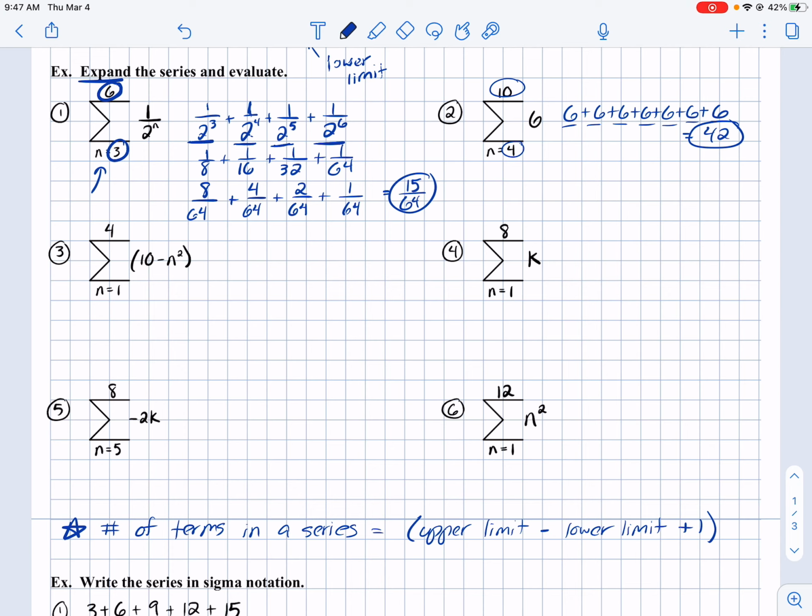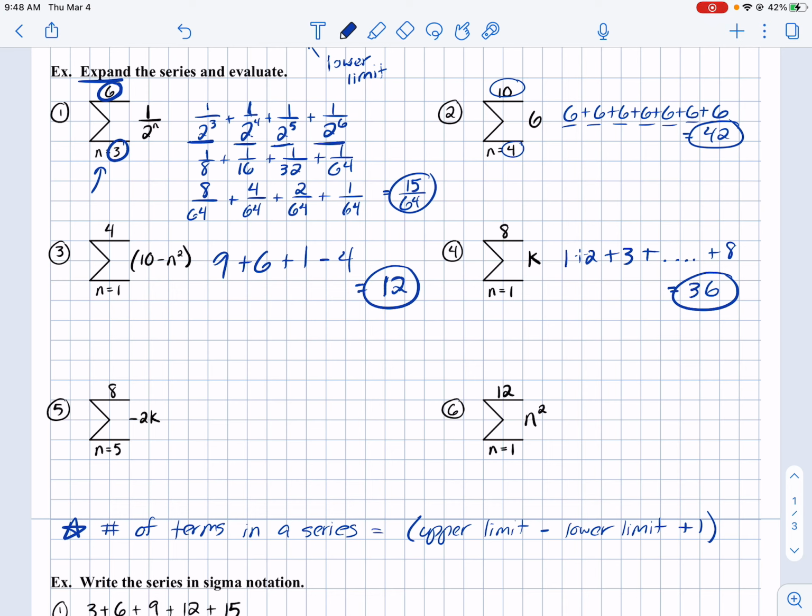Number 3, this should have been 9 plus 6 plus 1 minus 4, which gets you a sum of positive 12. For number 4, this should have been just 1 plus 2 plus 3 plus all the way up to 8, which would get you a sum of 36.